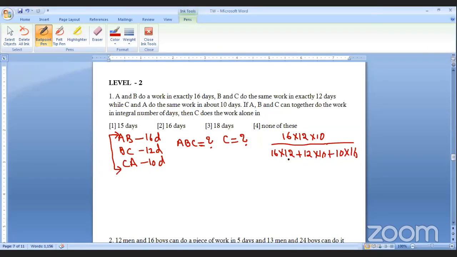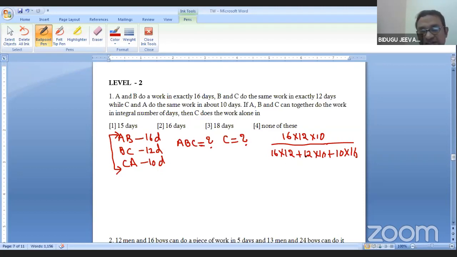So what to do now? The larger value we have to reduce, but here can we find a common factor with 16? This is 4 into 3, this is 5 into 2, so we cannot find one. Better to avoid this.